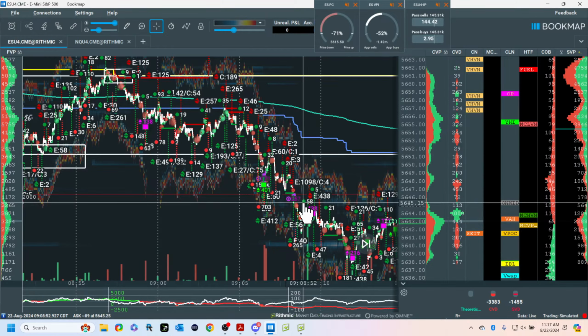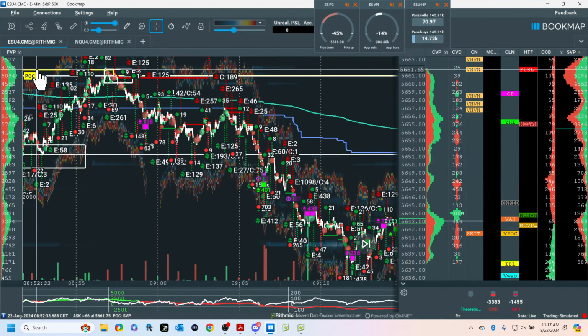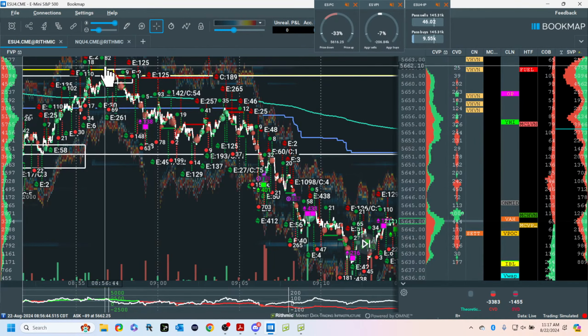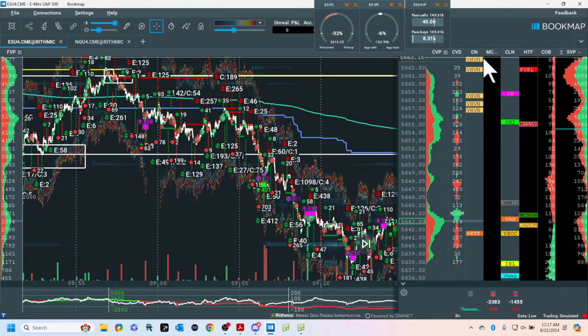My thing is getting alignment. I can't predict anything. I just follow, a little term because this is yellow, the developing volume point of control, follow the yellow brick road. This is the yellow brick road. These are the yellow brick road.